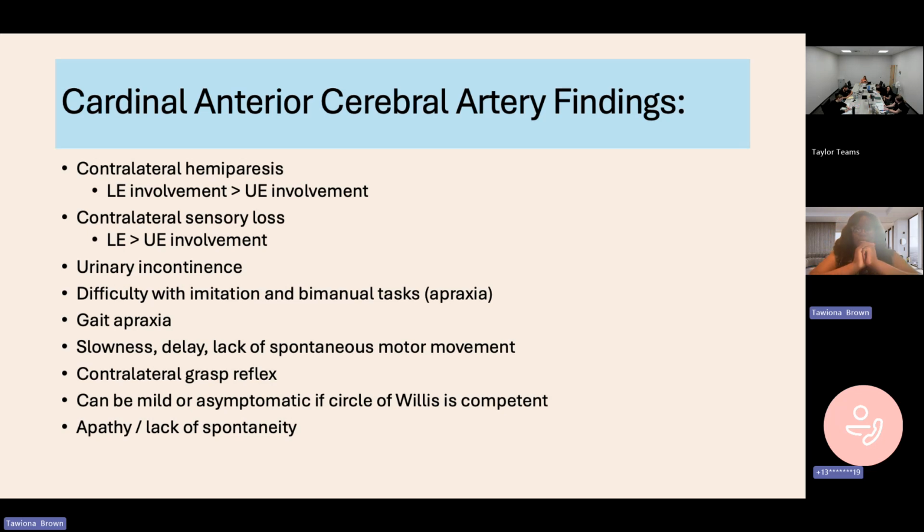So this is what happens when there is an infarct or some type of trauma that occurs within the ACA, and then it's going to affect what it supplies. So what you're going to find with that being in the frontal lobe, it's probably going to decrease vasculature along the primary motor cortex, right?